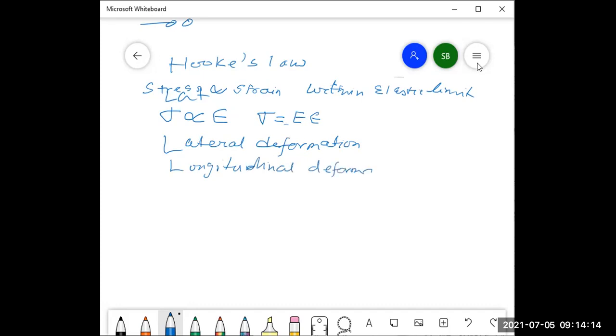And lateral deformation is also proportional to the longitudinal deformation. This constant of proportionality is defined as Poisson's ratio.